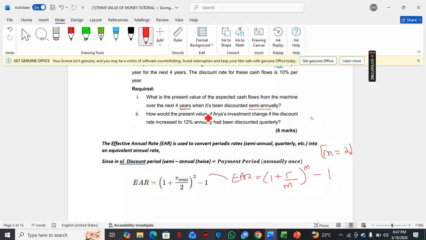How would the present value of Aria's investment change if the discount rate increased to 12% annually and it had been discounted quarterly? So here, two things have happened. The discount rate has increased from 10% to 12%.